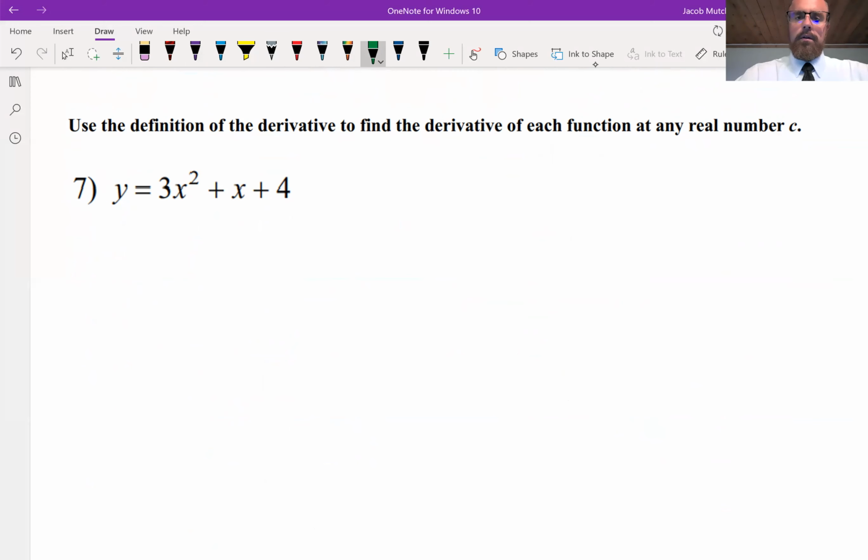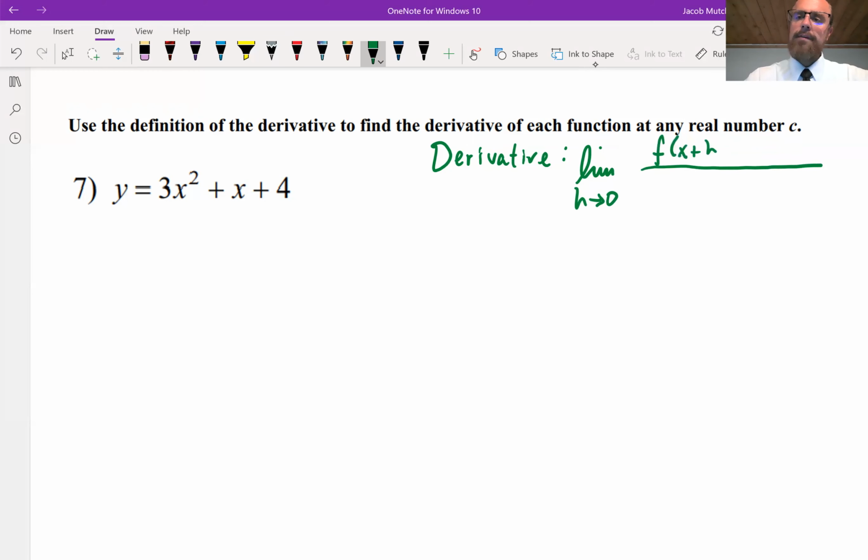Like we've been doing, we want to use our definition of the derivative that involves that distance h. So the limit as h approaches 0 of f at x plus h, that's that upper y value, minus the lower y value f at x, all over simply h.